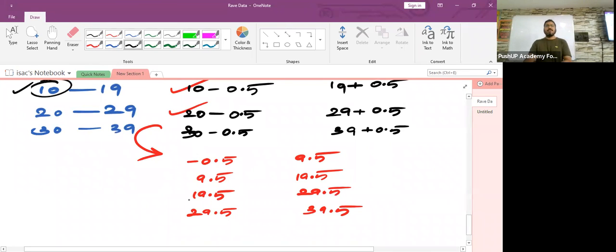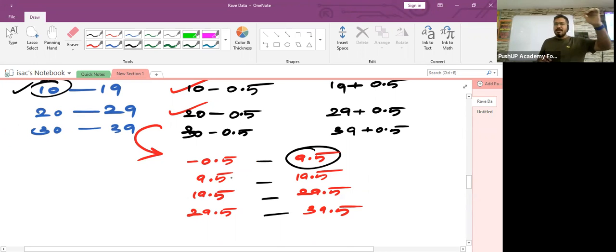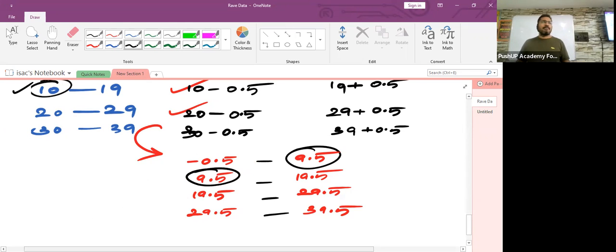interval looking in the continuous form? Yeah, why? Because for the first class interval, minus 0.5 to 9.5, the upper limit is 9.5. And for the second class interval, 9.5 to 19.5, the lower limit is 9.5. Is it matching? Yeah, it's matching. For the second and the third class interval, 9.5 to 19.5, the upper limit is 19.5.